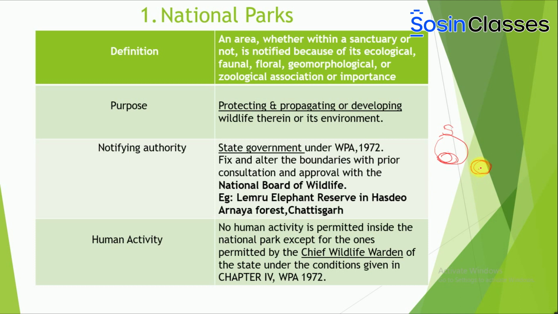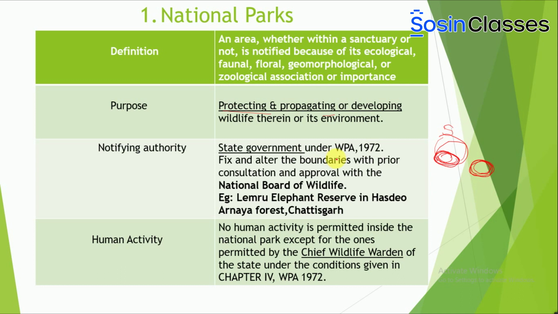Then it is declared as a national park. What is the purpose of a national park? Why do we have national parks? The two main reasons are to protect and to propagate the wildlife therein and its environment. So basically, to protect the exclusively available natural resources and the conservation of this area, we have national parks.